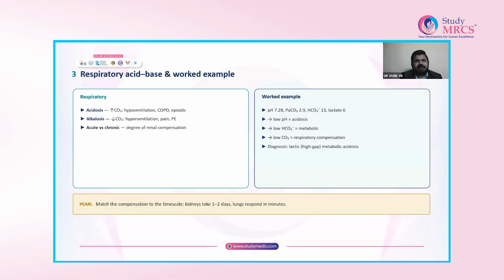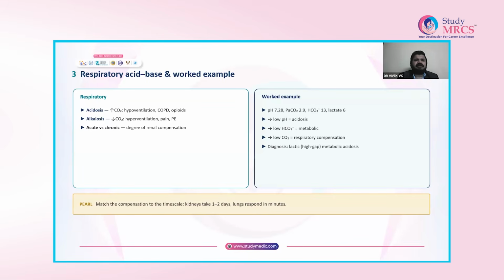So now we are dealing with acid-base disturbances based on some examples. First, about the respiratory: acidosis is increased carbon dioxide, and alkalosis is decreased carbon dioxide.